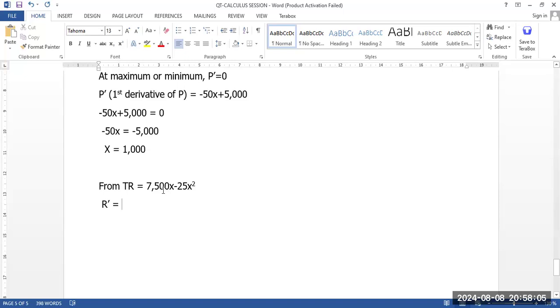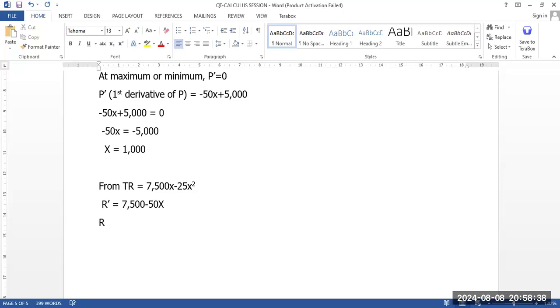So this will be, if we differentiate 7,500x, it is 7,500 minus, if we differentiate this, what do we get? If we differentiate negative 25x squared, we get 2 times 25, that is 50x.